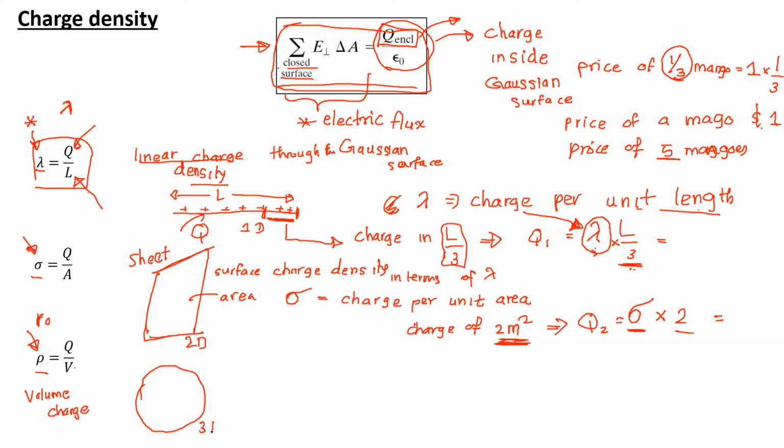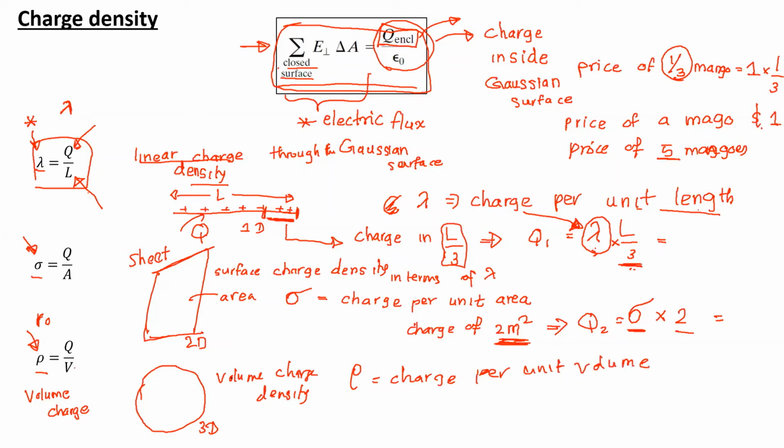So you define volume charge density for volumes or three-dimensional objects. So rho is the charge per unit volume.